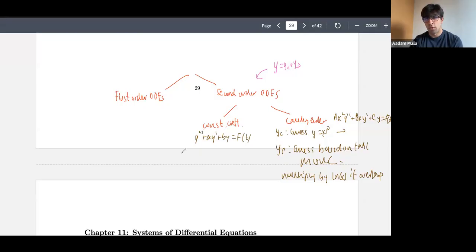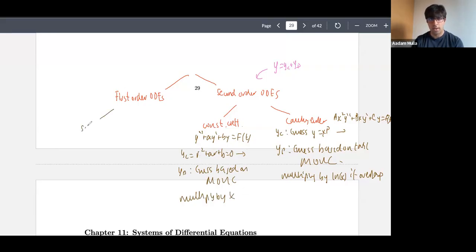To solve for yc, we say r squared plus ar plus b equals 0, and then use the table to get yc. To solve for yp, we guess based on the table, the same thing. That's the method of undetermined coefficients, and here we multiply by x, just x, for overlap.